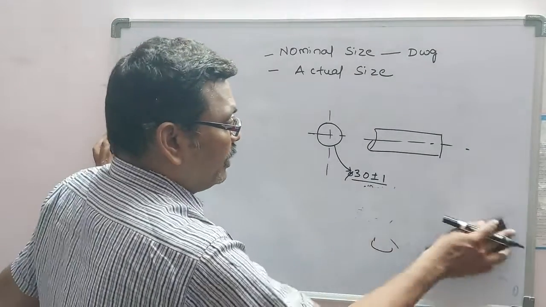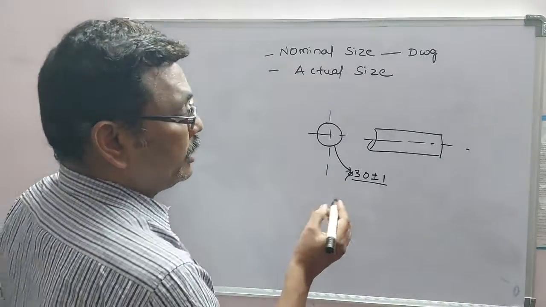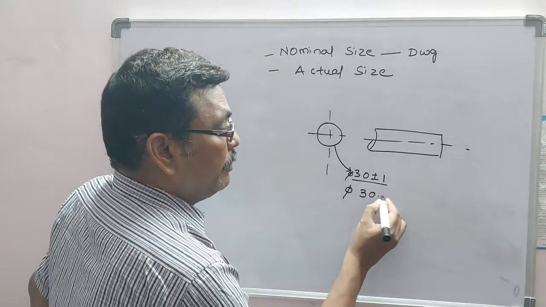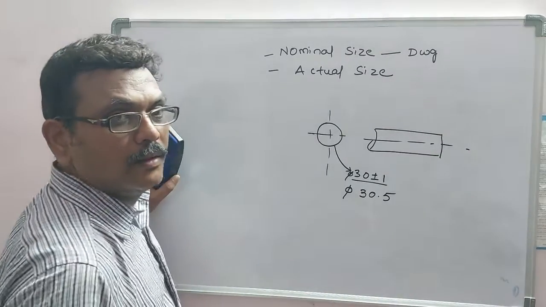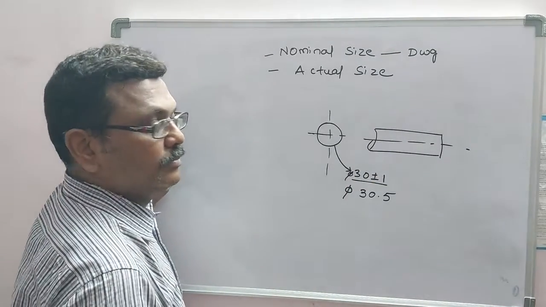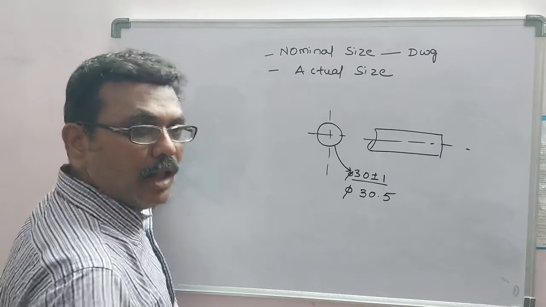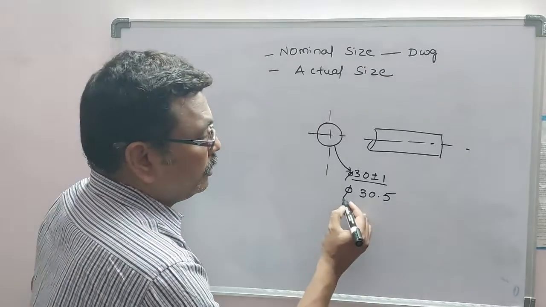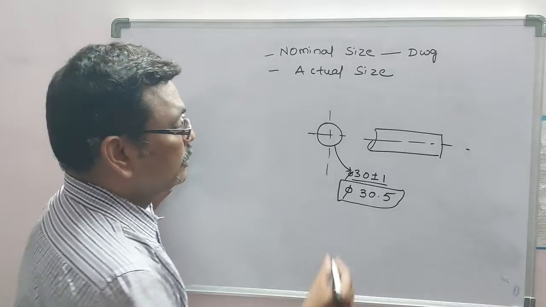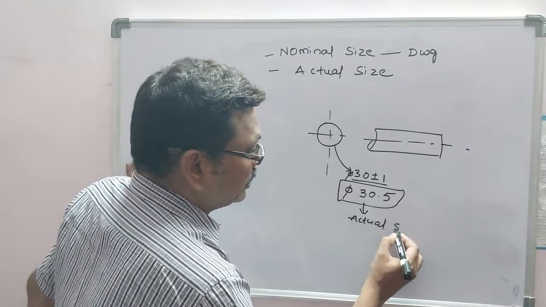Then after manufacturing this part, after getting the output of this product, if you measure, it can be 30.5. It is within the tolerance zone because we have set the limit. After manufacturing, we got 30.5. This is called the actual size of the part.